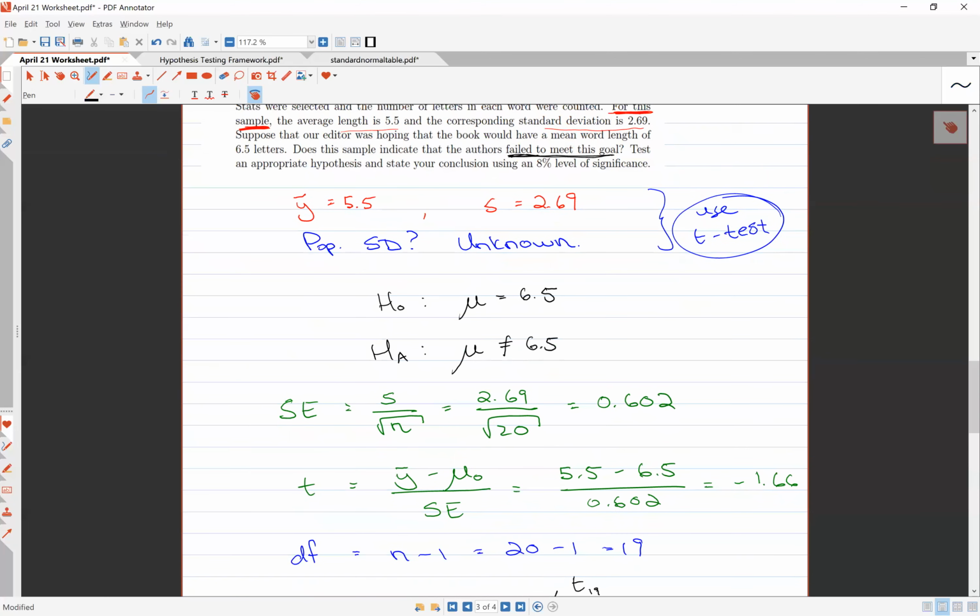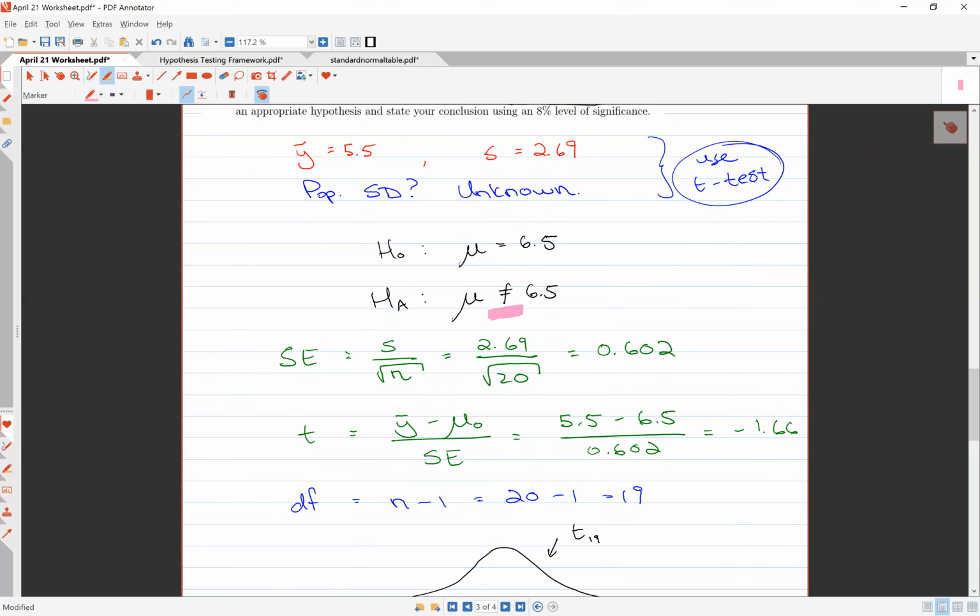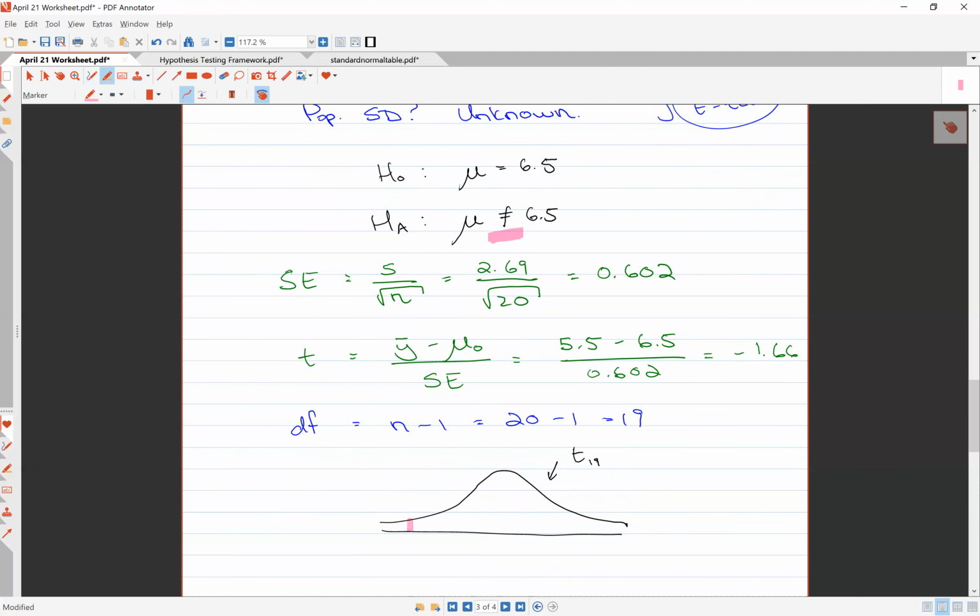Our alternative said not equal to. That's also very important here, because if it's not equal to, you actually end up having to calculate the part of the curve corresponding to the two different tails. On the one side, you'll have the negative of the value that you calculated, and on the other side, you'll have the positive of the value that you've calculated.